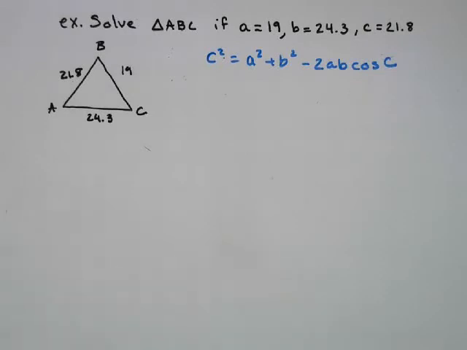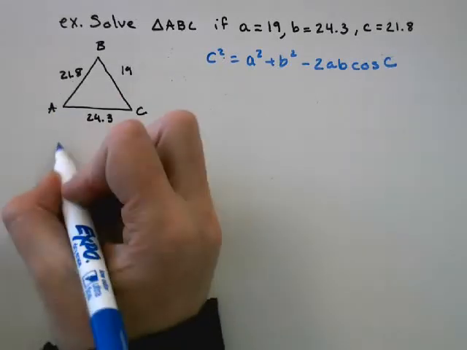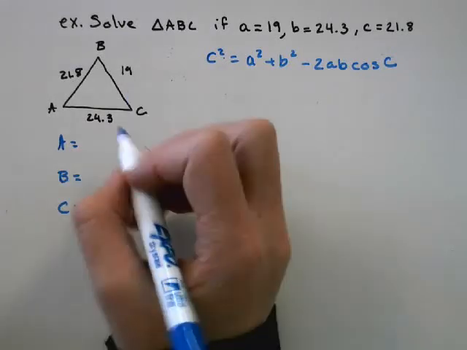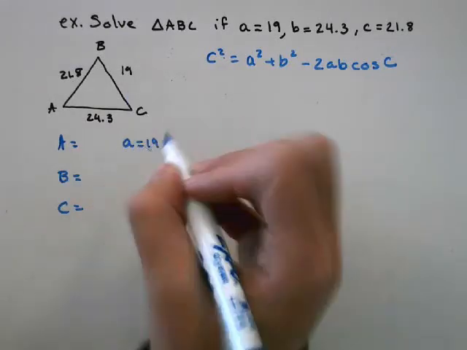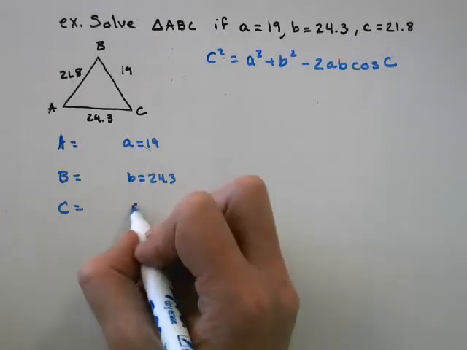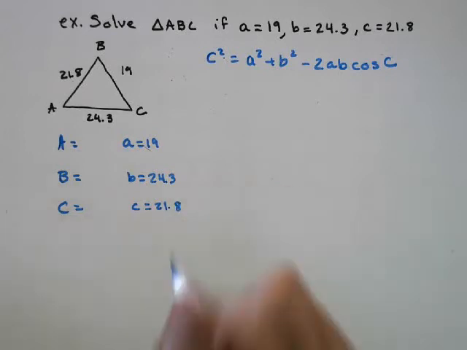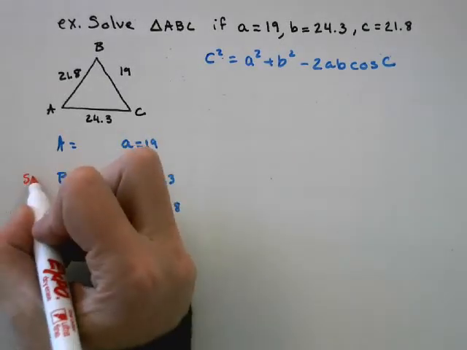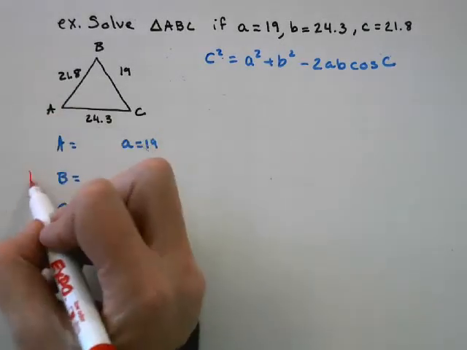So I'm ultimately going to be solving this triangle ABC. We know A is 19, B is 24.3, and C is 21.8. We can solve for any of them. We can start with A, we can start with B, we can start with C. As a rule, I'm just going to tell you, leave the biggest one for last.